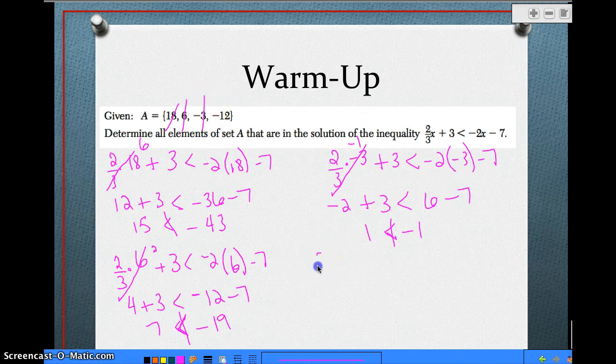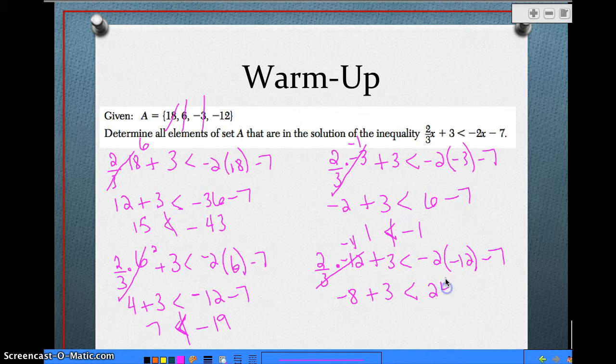One more. 2/3 times negative 12 plus 3, is that less than negative 2 times negative 12 minus 7? These guys simplify to negative 4, and negative 4 times 2 is negative 8, plus 3 is less than negative 2 times negative 12 is positive 24 minus 7.